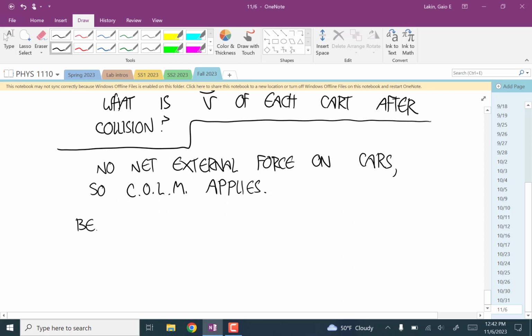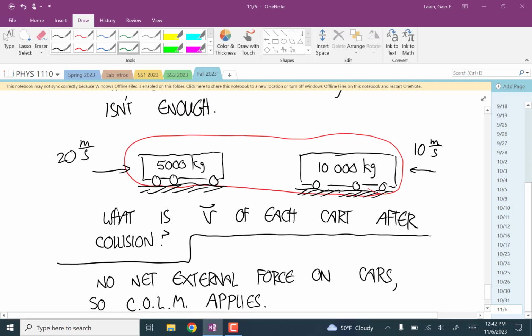Before the collision, let's calculate the total linear momentum. I'm going to use a coordinate system like the one we're used to, like this.